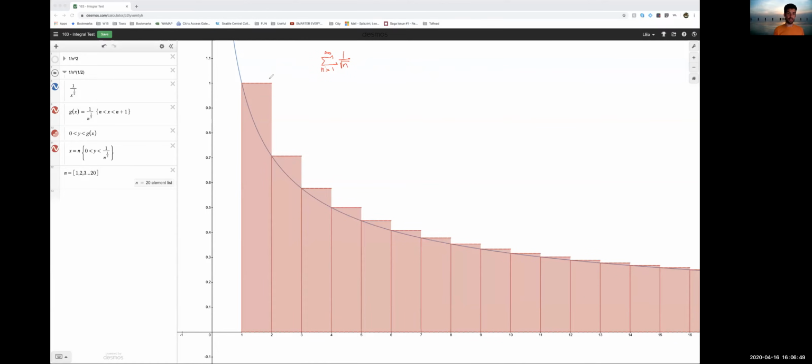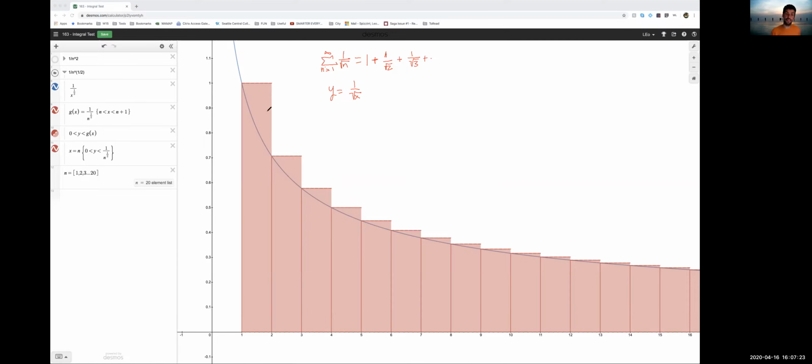Right? So here, I did the same thing. I created these boxes whose areas are representing these terms, something like 1 plus 1 over the square root of 2 plus 1 over the square root of 3, and so on, right? And then I'm comparing that thing to the graph of y equals 1 over the square root of x. That's what this blue line is, right?